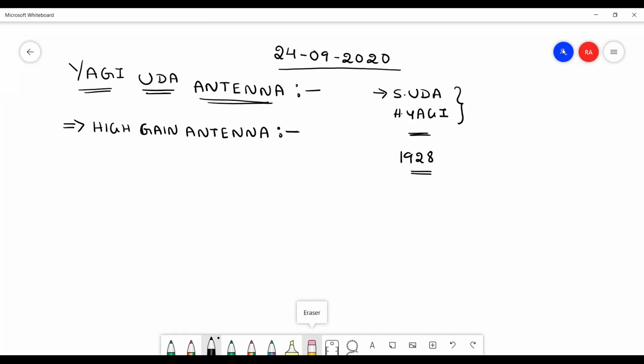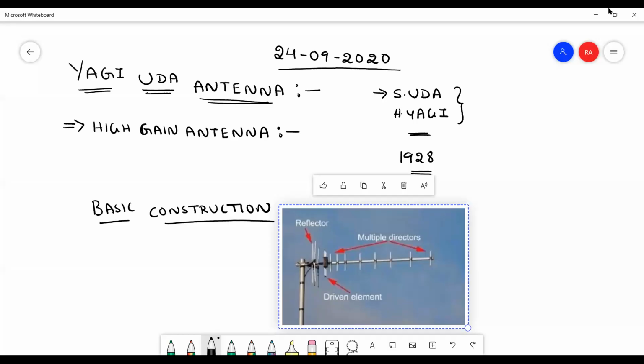So let us discuss the basic construction of this Yagi-Uda antenna.